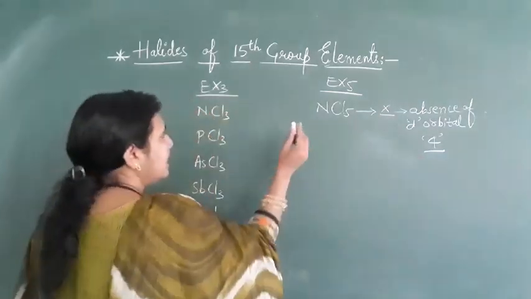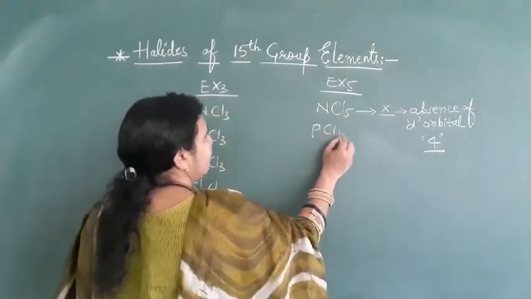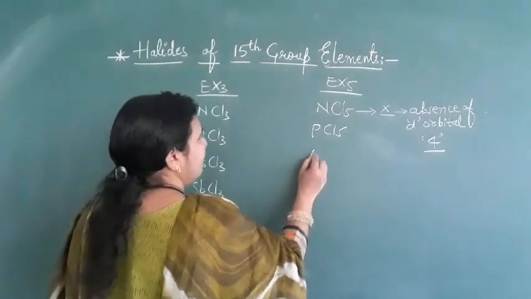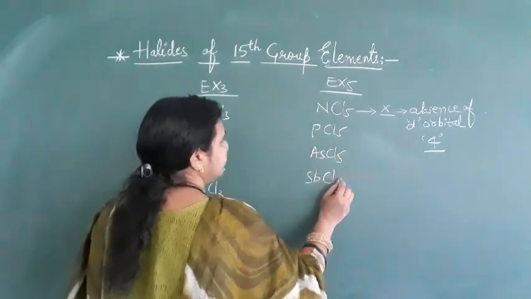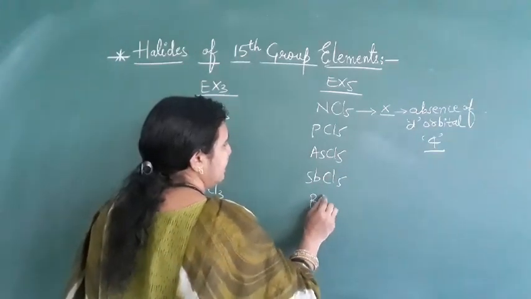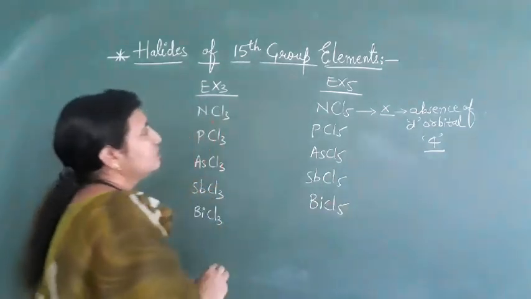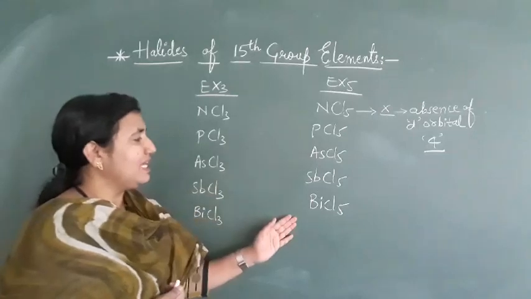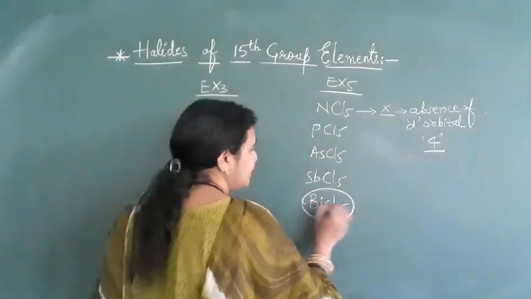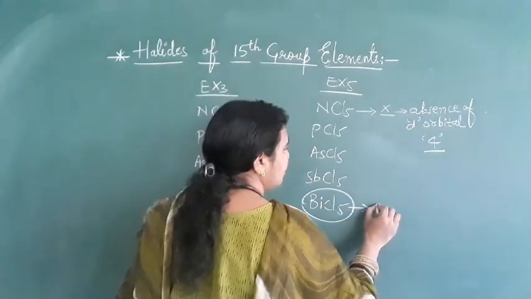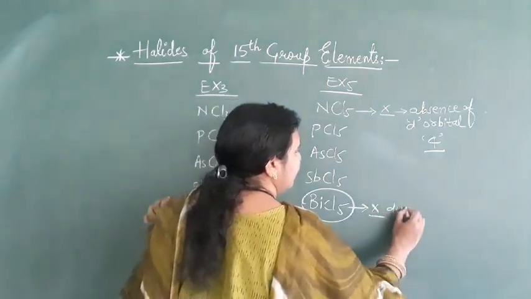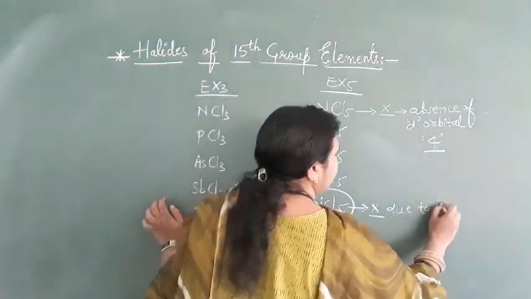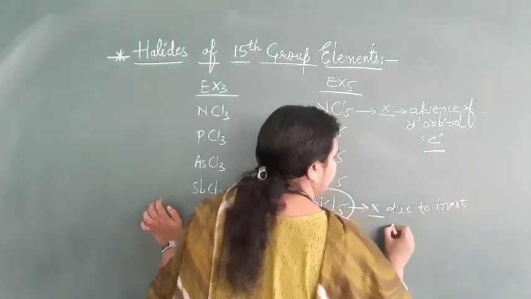Next we have PCl5, then AsCl5, SbCl5, and BiCl5. So these can form pentahalides. But BiCl5 does not form. Why? Due to the inert pair effect.